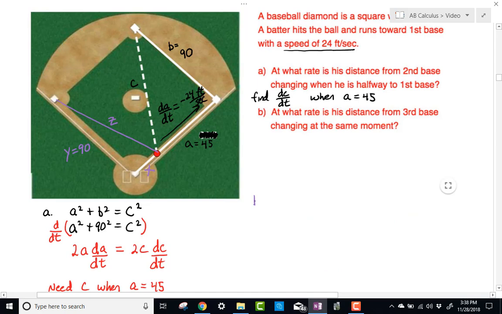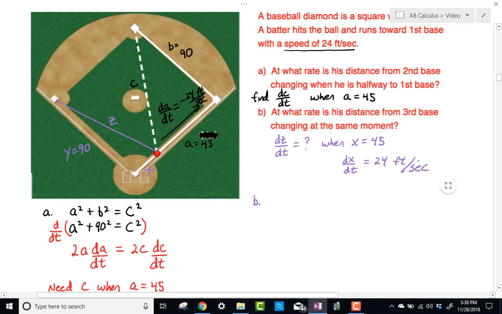For the B portion, we are looking at, again, a right triangle. We're looking for the distance from third to the batter, so that's dz/dt equals what, when, in this case, x is equal to 45, and we know that dx/dt is equal to 24 feet per second.